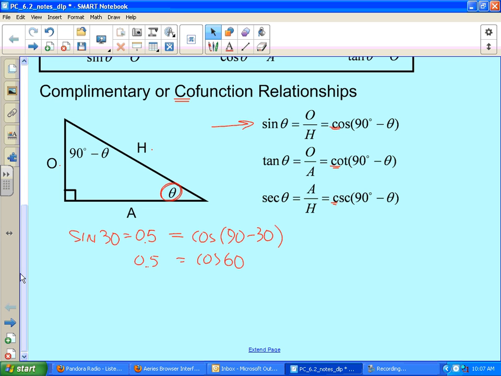Why are we doing 90 minus this? Because triangles add up to 180, and there's already a 90 here. So these two angles will always be a sum of 90 degrees. The two acute angles must always add up to 90. So that's why we're doing 90 minus.